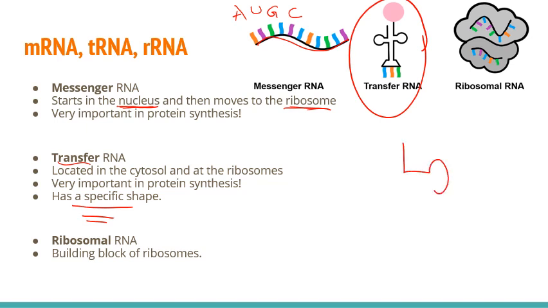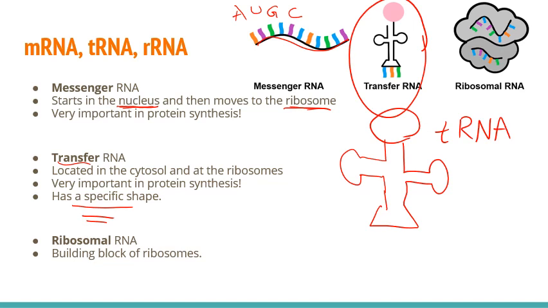So that little bump there, some sort of bulge at the bottom, another little bump coming out, and then normally a circle at the top. Whenever you see something like this on the exam, you know they're referring to tRNA. Again, we talk about this more in a later dot point.